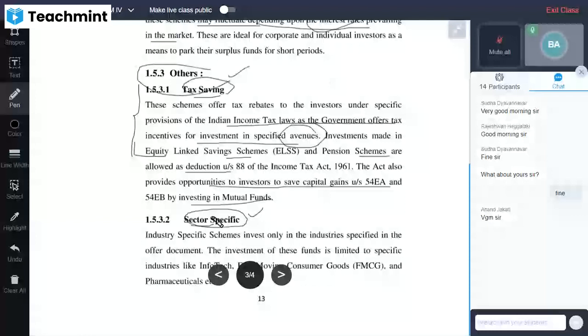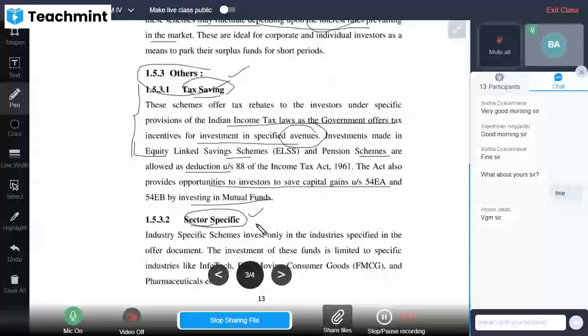These are all kinds of funds related to a specific sector. Industry specific schemes invest only in that particular sector, that particular industry specified in the offer document, which they have mentioned in detail in the offer document.